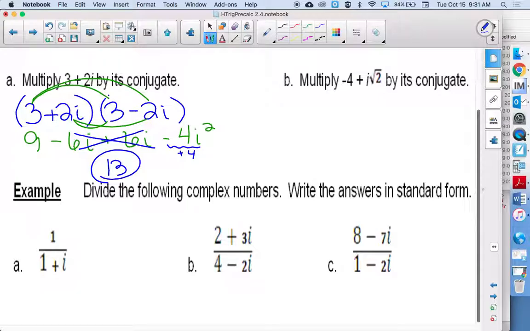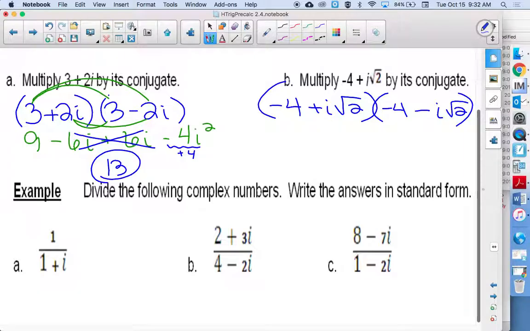So looking at the next one, it says multiply negative 4 plus I square root of 2. The conjugate part is in the middle of the real and the imaginary. So it's still a negative 4, and then minus I with the square root of 2. So Lauren, if we multiply this one, negative 4 times negative 4, 16.